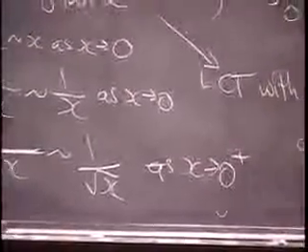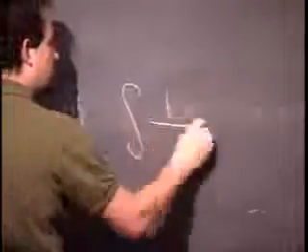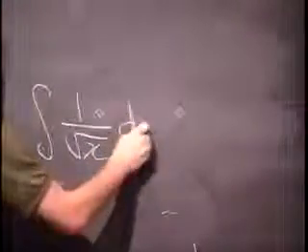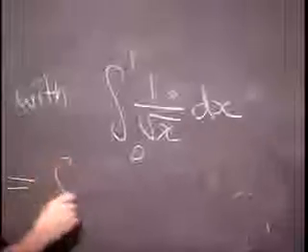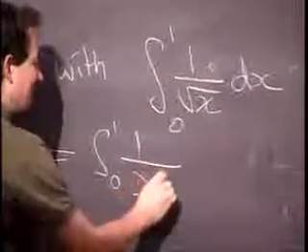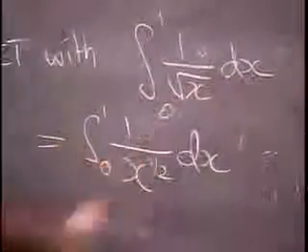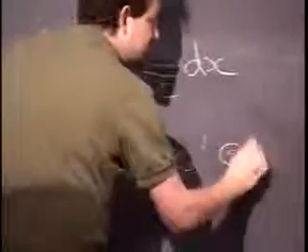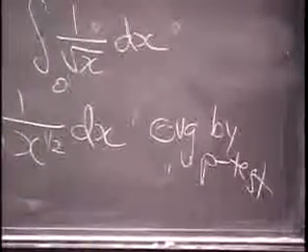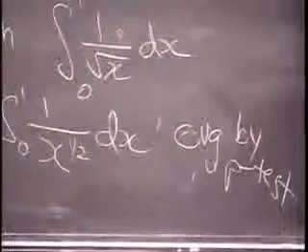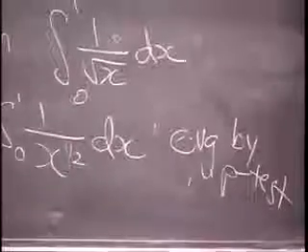So this one, you're going to use limit comparison test with 1 over root x, which is otherwise known as 1 over x to the 1/2. And this now converges by the p-test, because the power of 1/2 is less than 1. So that one converges. Limit comparison test.